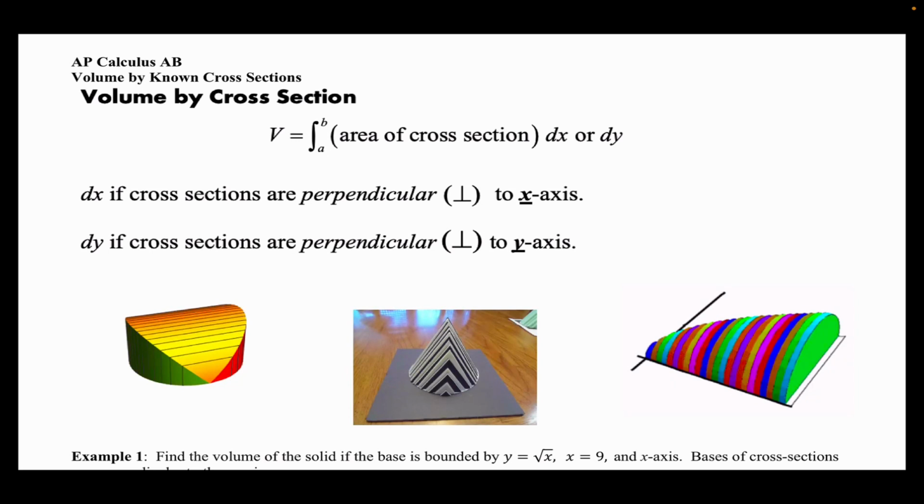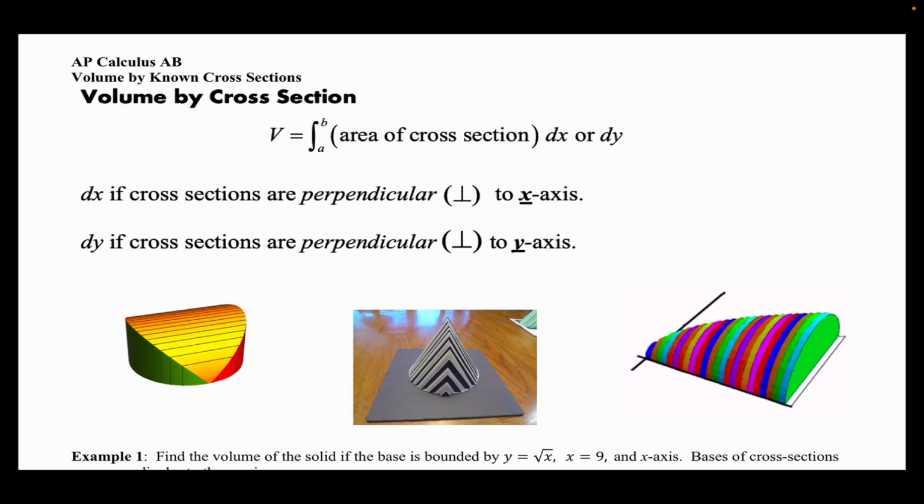If I were to slice this one in half or anywhere, you'd have rectangles, a bunch of rectangles stacked together. This one kind of looks like a cone. If you were to slice it there, you'd have a triangle, and it looks like an equilateral triangle. All three sides are the same.